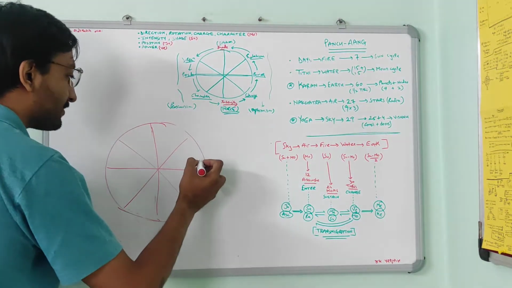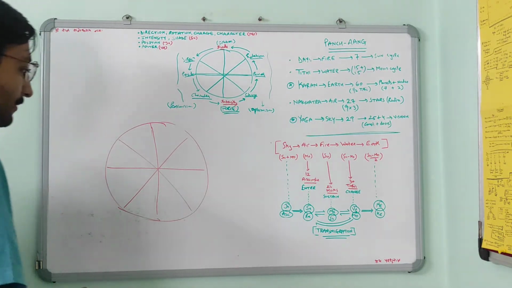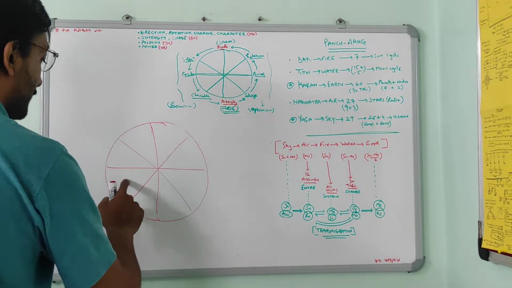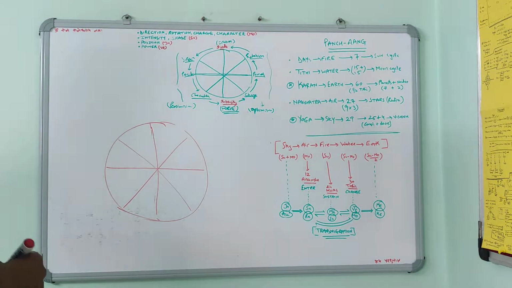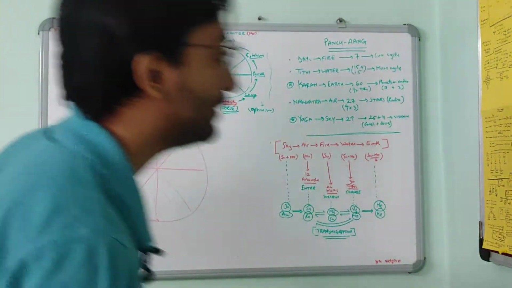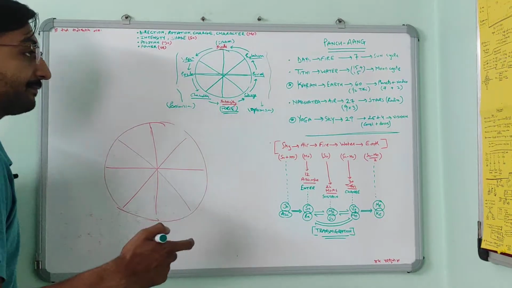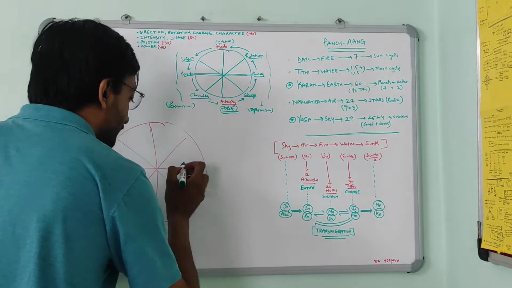So this is the first: 1, 2, 3, 4, 5, 6, 7, 8. Okay, 8. So this part, let's use another pen. This part is Dharma.